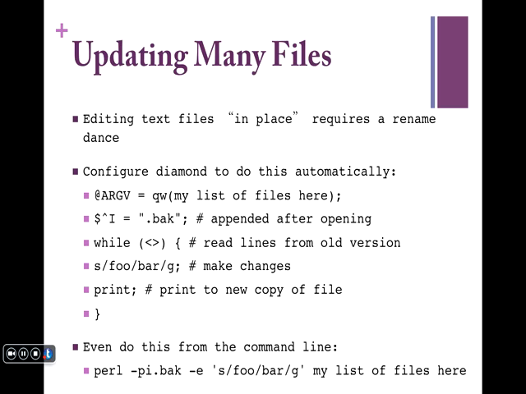So technically $^I does the following. It's gonna take every file in the argument and make a new one and add the .bak at the end. So my.bak, list.bak, of.bak, files.bak, here.bak. So this will be the backup, the old file, and it's gonna work on the new files, which have the same names, my list of files here.